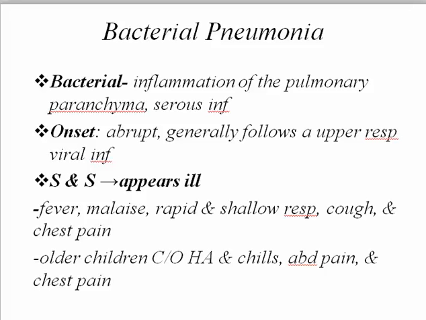Okay. All right. So now we're going to move on and talk about bacterial pneumonia. So pneumonia is common in infancy, early childhood, and childhood. With bacterial pneumonia, usually there is inflammation of the lung parenchyma, and it's considered to be a serious infection.